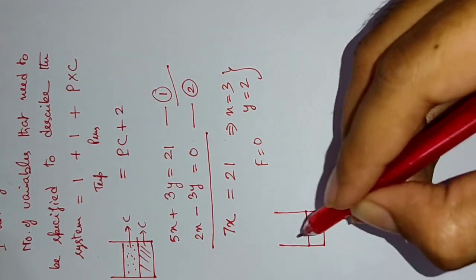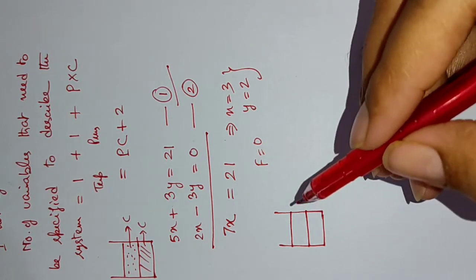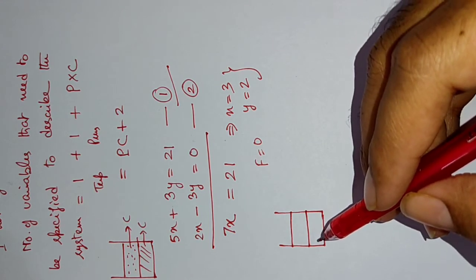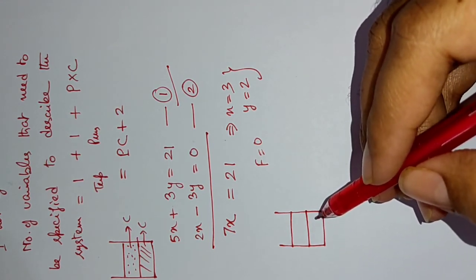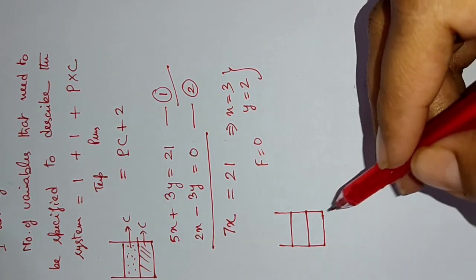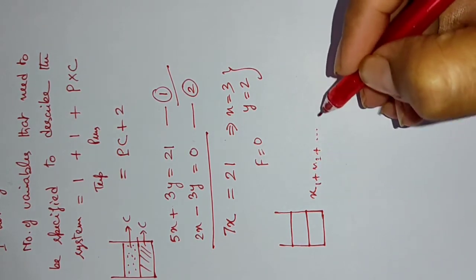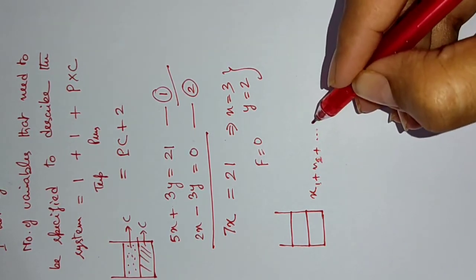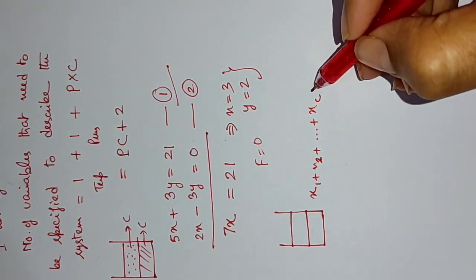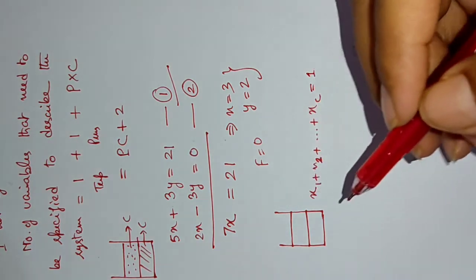This is the first layer, this is the second layer. Now you have to consider two things. One is the mole fraction of the components of all the substances, of all the solutes that are dissolved in the first phase will add up to 1: x1 plus x2 plus ... plus xc, since there are c number of components, that will add up to 1, and that will be valid for all the phases.